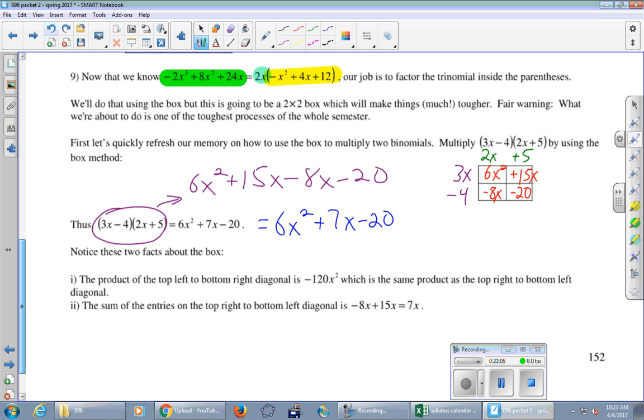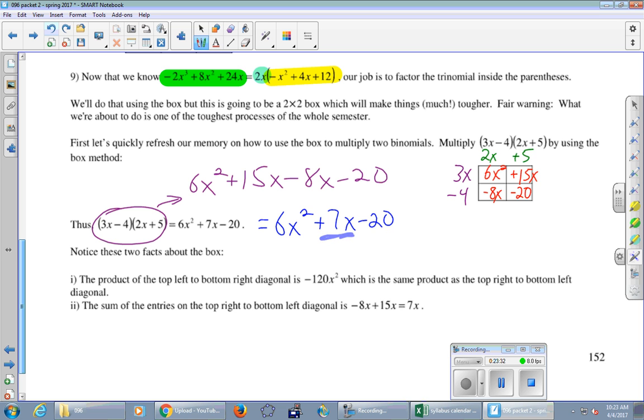We're trying to do the hard direction now. Somebody has taken two binomials, there's one and there's another, and multiplied through with the box and got 6x squared plus 7x minus 20. One of the reasons that this is going to be hard is that where did the 7x come from? It came from the 15x and the minus 8x. But we don't know that, right? We don't have that information unless we've just done this problem.